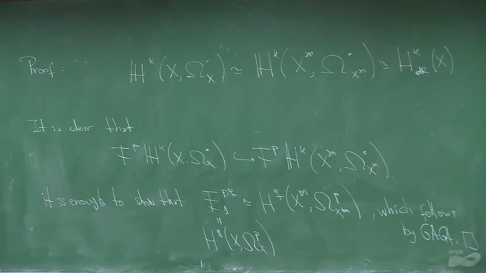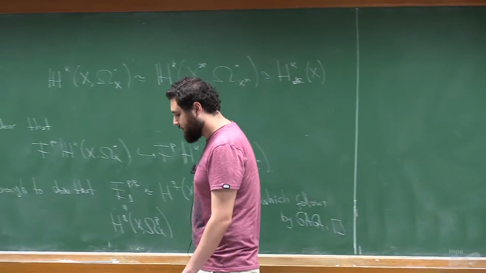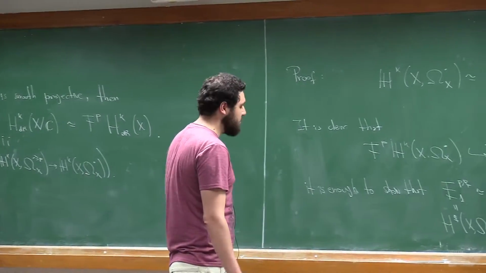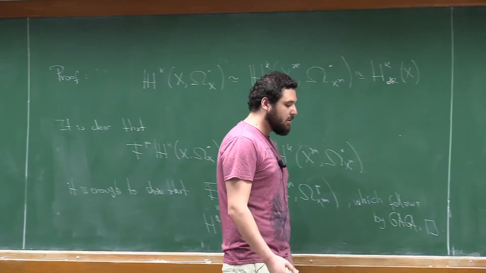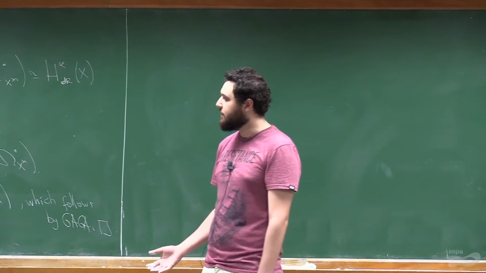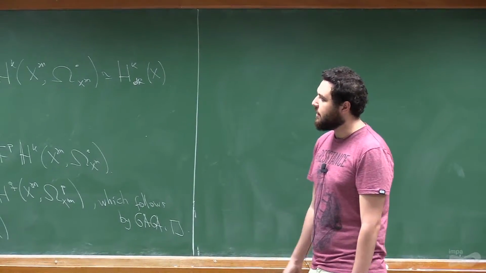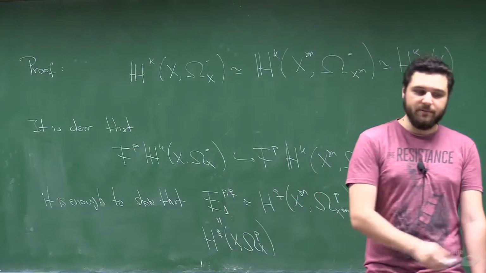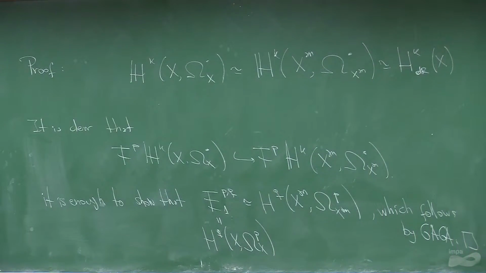So in the case of smooth projective algebraic varieties, we now have this way to construct the de Rham cohomology and the Hodge filtration in a very natural way. You just need to take the naive filtration of the hypercohomology group with coefficients in the complex of algebraic differential forms. But we would be tempted to use this definition in general.